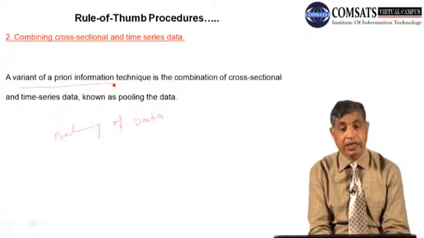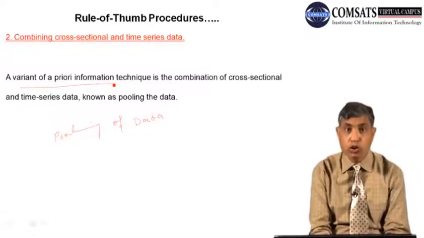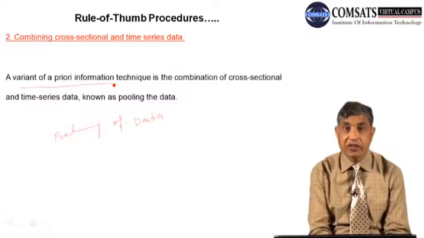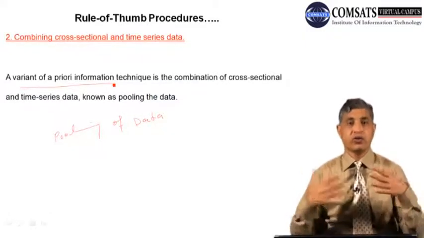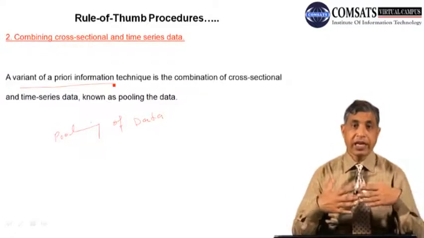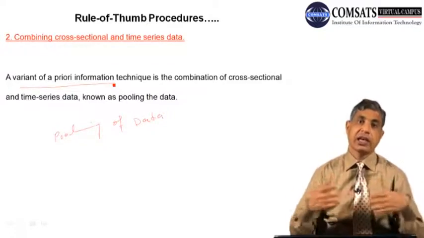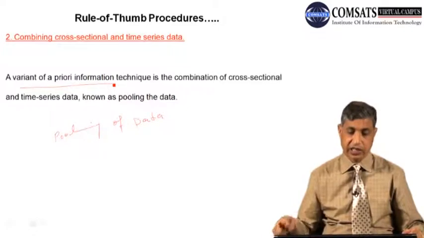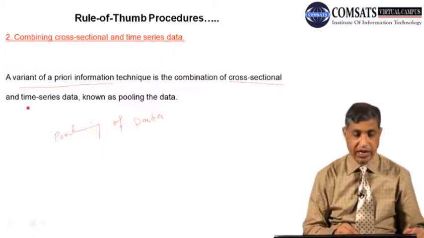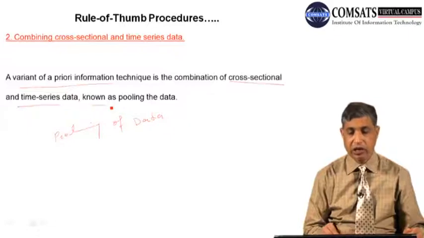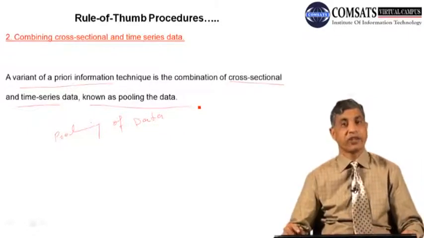You can make the remedy, and this is the most commonly used and very simple method: you pool up the data. When you pool up the data, there are chances that the multicollinearity will decrease. You will be combining the cross-sectional and time series data. It is also known as the pooling of the data.